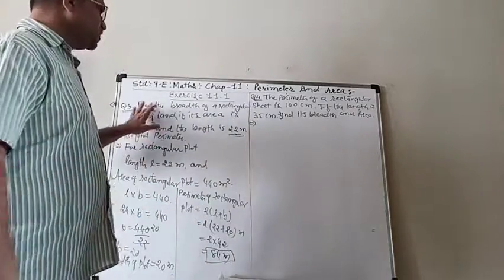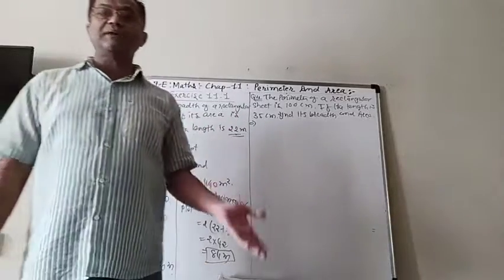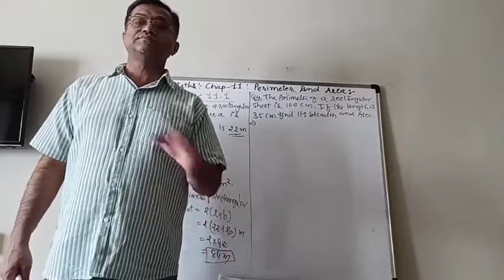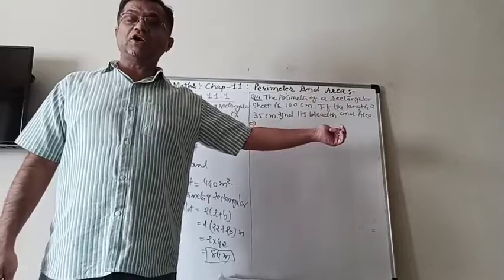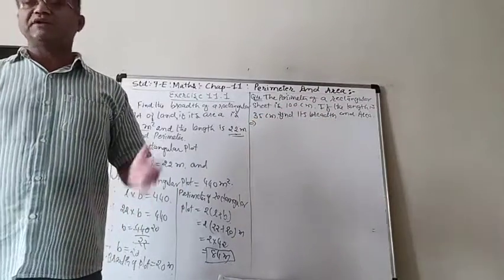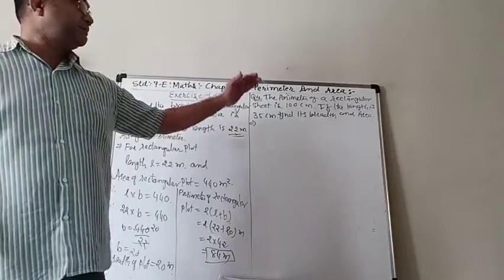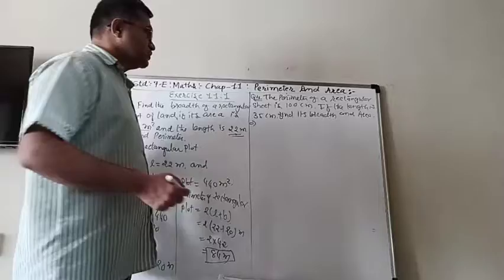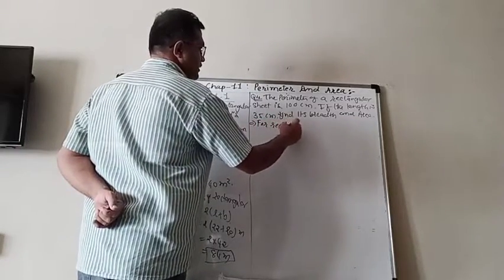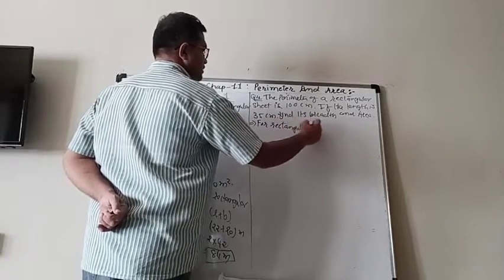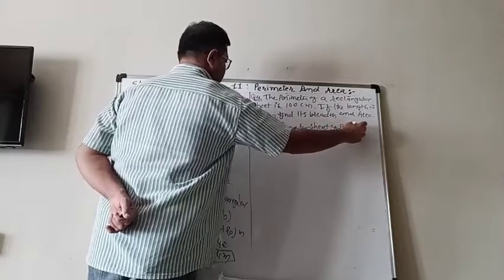So here in the third question the area was given and length was given, and from area and length we found the breadth and then the perimeter. Here perimeter and length are given, and from that we have to find the breadth and then the area of it. So now for the rectangular sheet of paper, what is given?